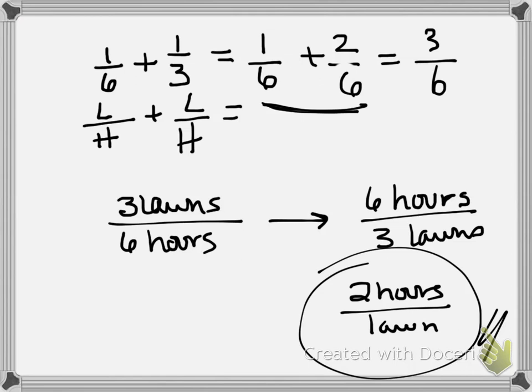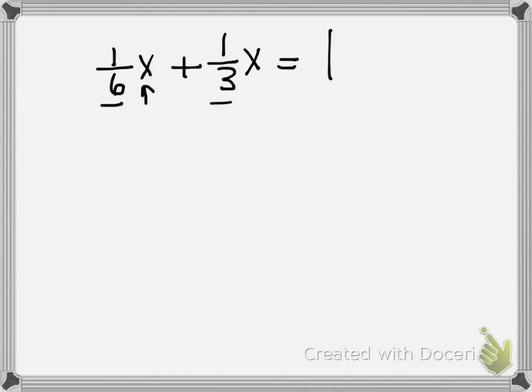We could solve this algebraically. We could say I've got 1/6 times the total plus 1/3 times the total equals 1. So this is the rate times how long he works, plus the rate times how long she works, to get the entire lawn done.